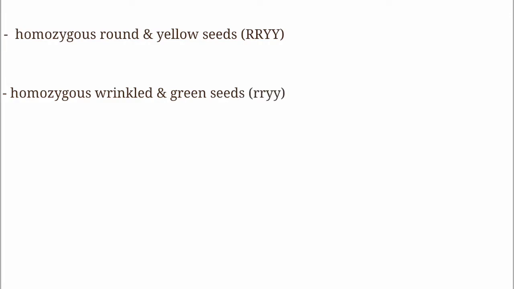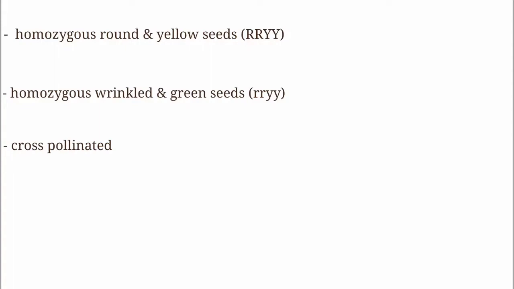And homozygous wrinkled and green seeds. Wrinkled is represented as small rr, green is represented as small yy. Correct? Yes or no? And he cross-pollinated them.